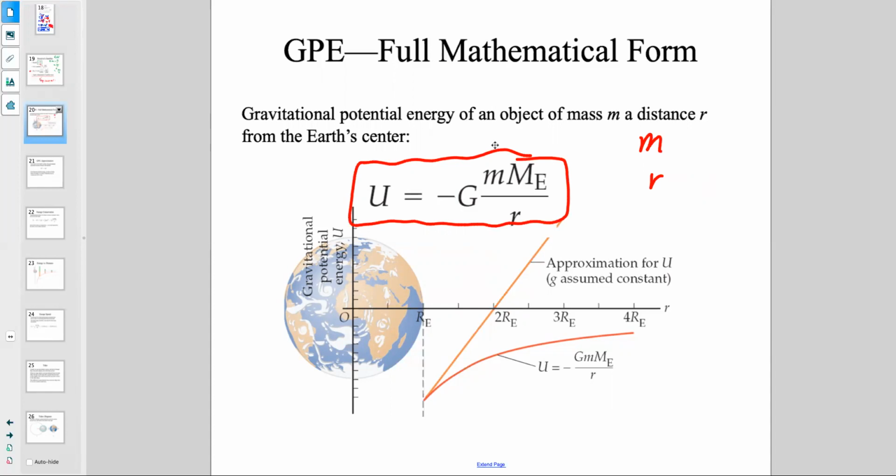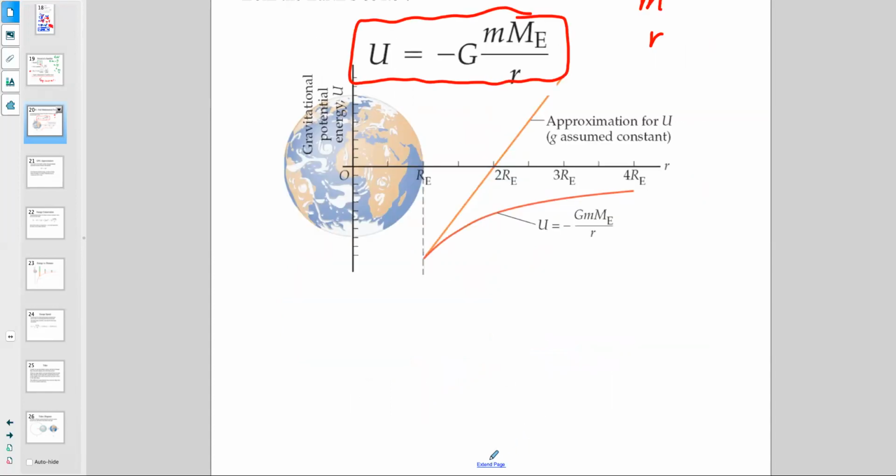If r is R_E, the radius of Earth, that means that you are at the surface.